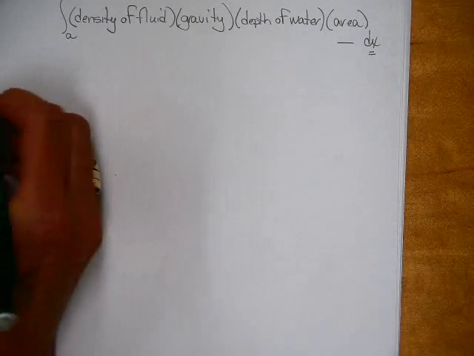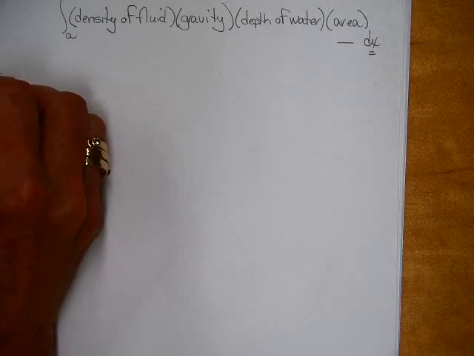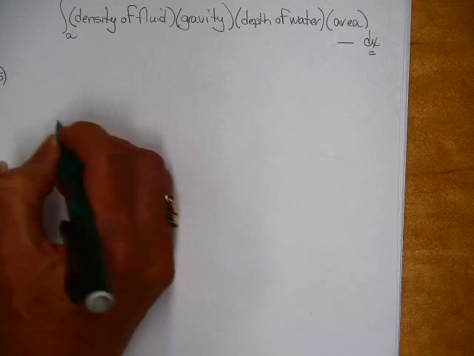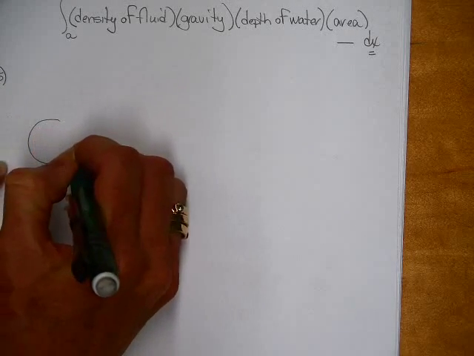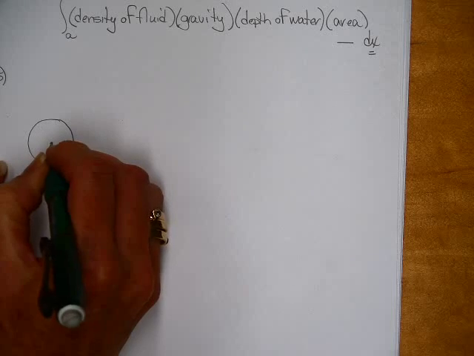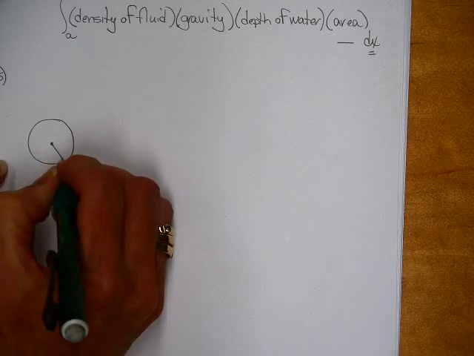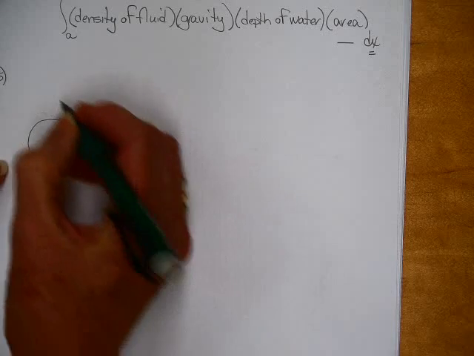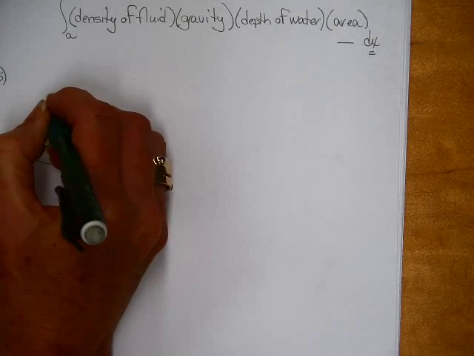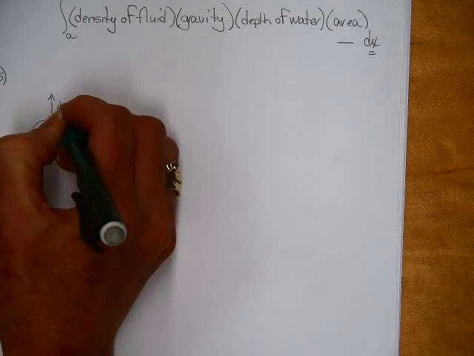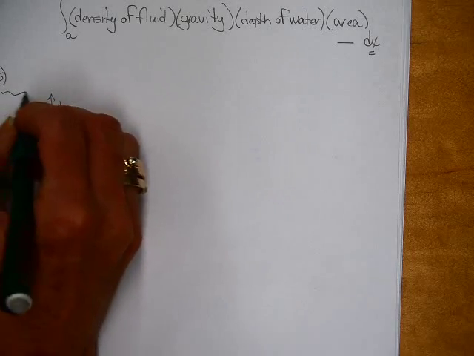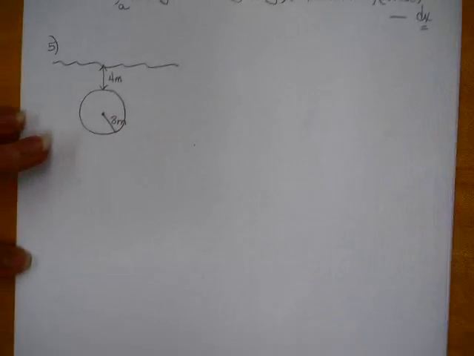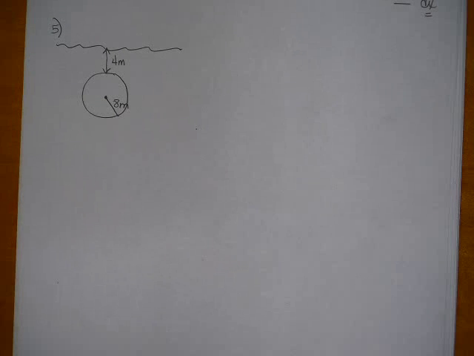All right, so I'll look at number 5, where we have a circle submerged in the water. The radius is 8 meters, and there is 4 meters of water above that plate, that circular plate.